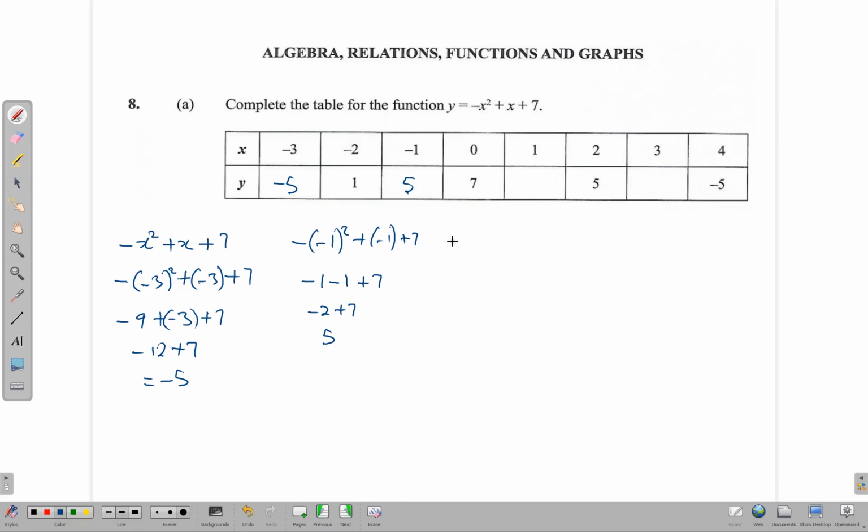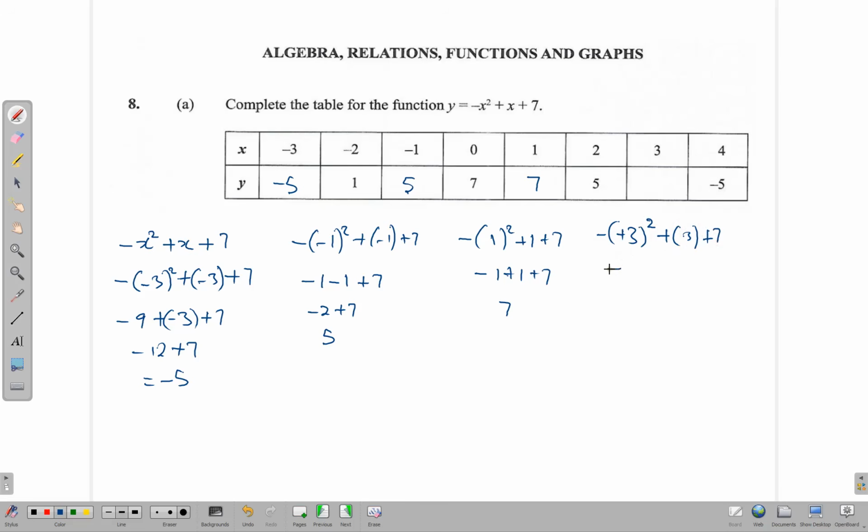Here at 1, we have minus 1 squared plus 1 plus 7, and that is going to give us -1 plus 1 plus 7, which is 7. And of course the last one, 3, that's a plus there, minus 3 squared plus 3 plus 7.